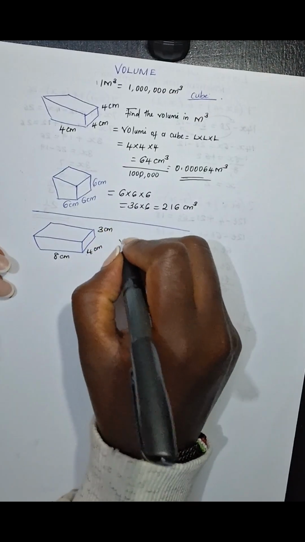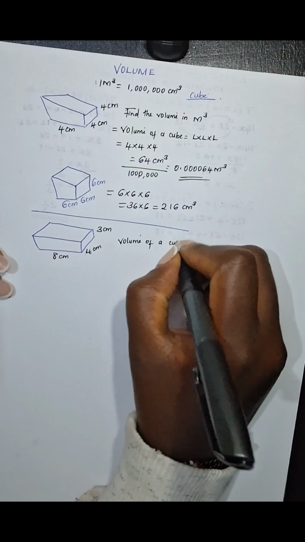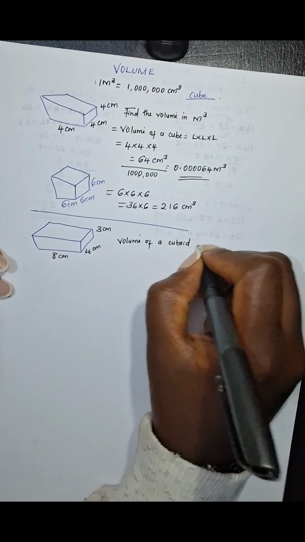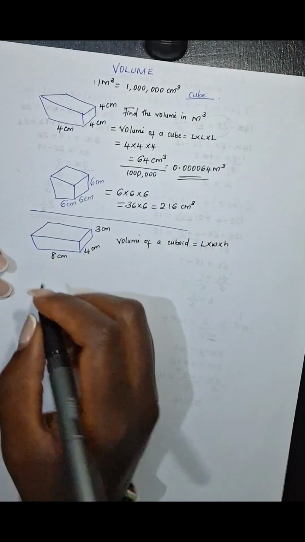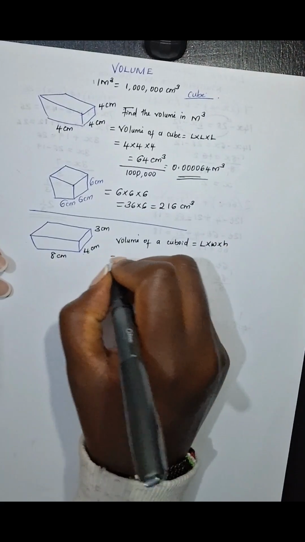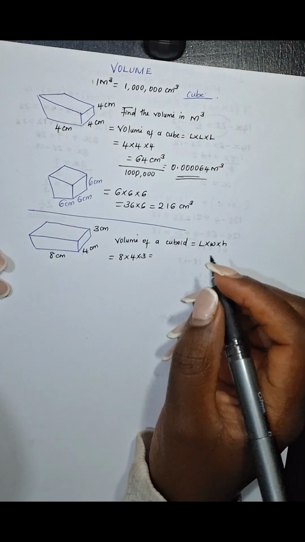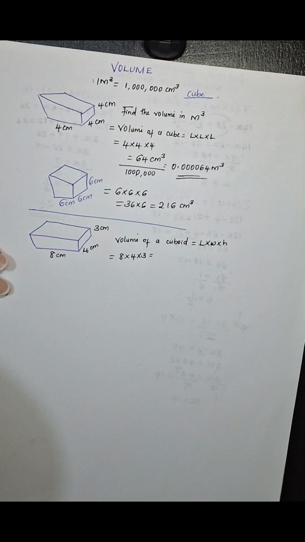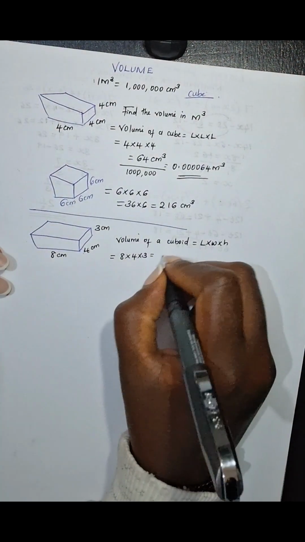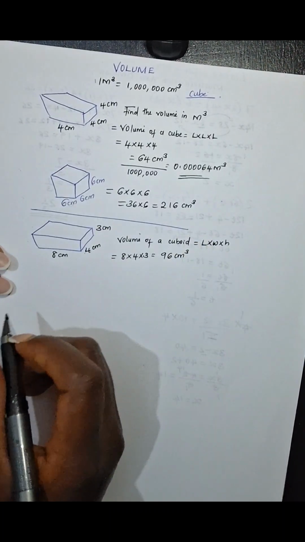Okay, so the volume of a cuboid is actually length times width times height. Okay, so in this case I would have taken 8 times 4 times 3, so that I can get 96 centimeters what? Cubic.